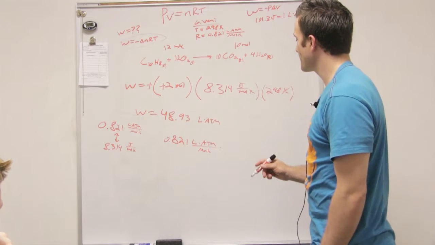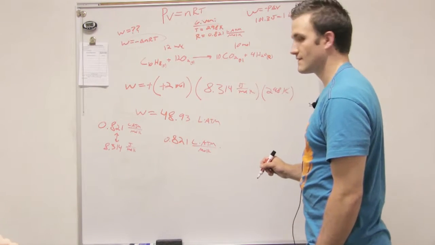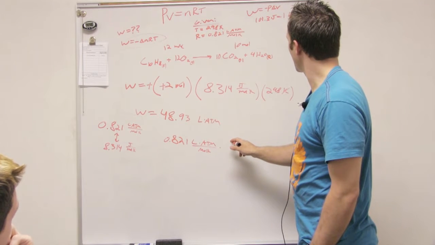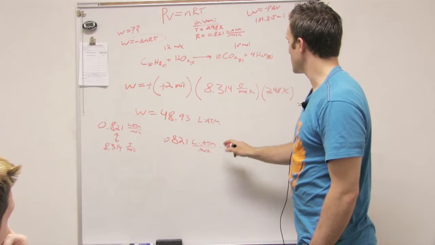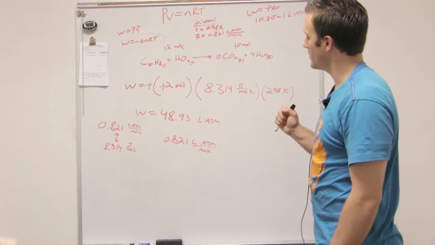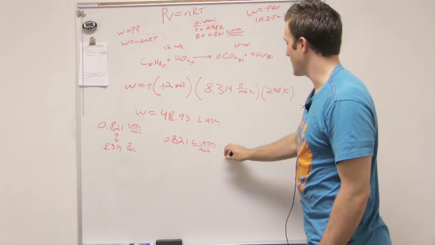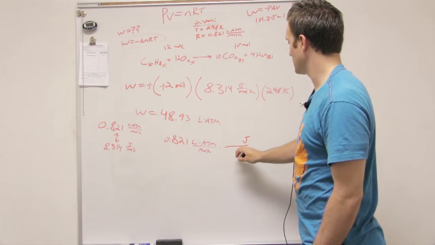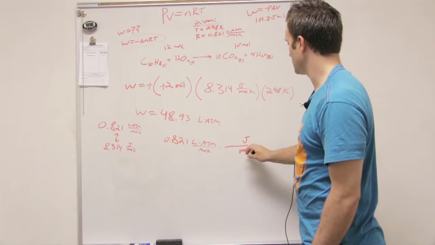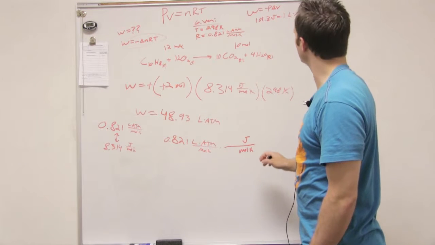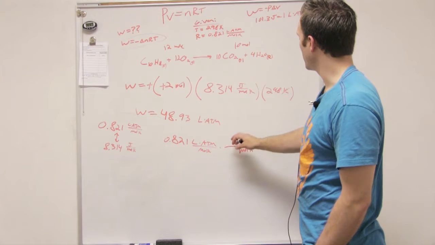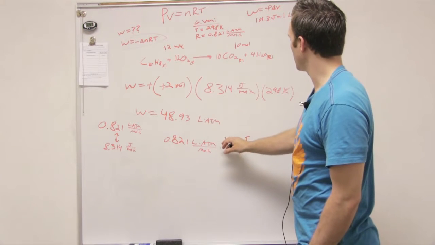You times it by the 101.3, no, 1 over... So what units do we want to end up with? We want to end up with joules over moles Kelvin. Okay. So joules there, moles over there. Okay, so now do I put 101.3 here? It'll be on the joule. Good.